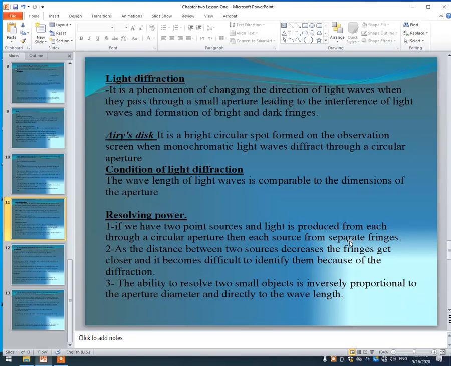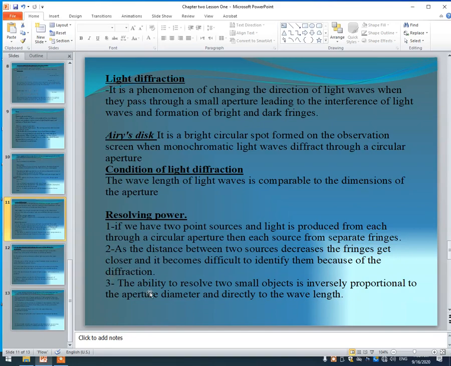If both pass through a circular aperture, of course each one will form its own separated fringes, bright and dark. As the distance between the 2 sources decreases, the fringes get closer to each other, and it will be difficult to identify them or separate them or recognize which one belongs to the first wave and which one belongs to the second wave, because of the diffraction, of course.